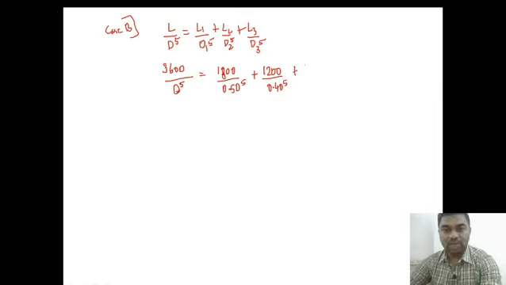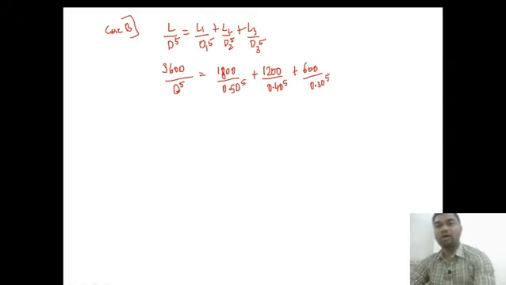The length of pipe 3 is 600 meters divided by diameter 0.30 whole to the power of 5.